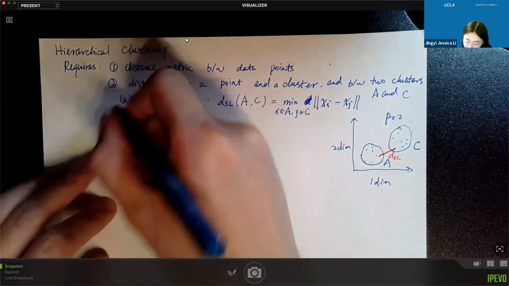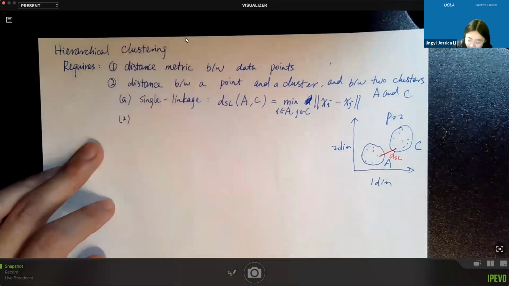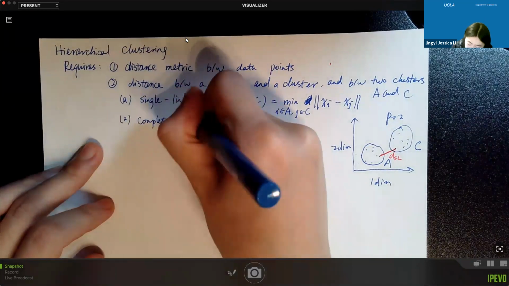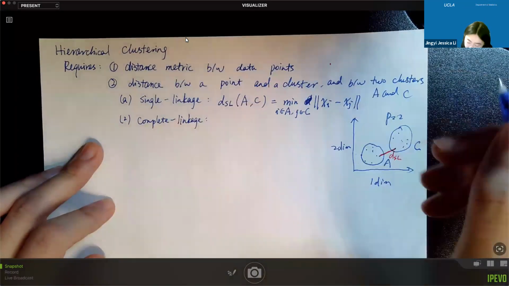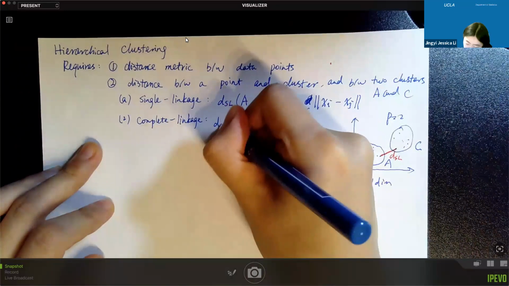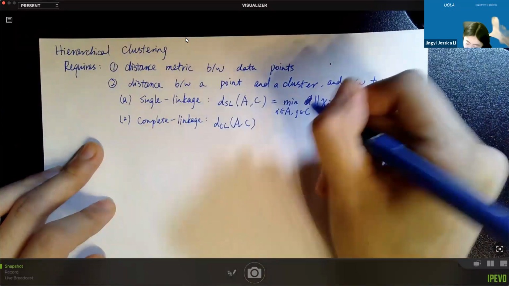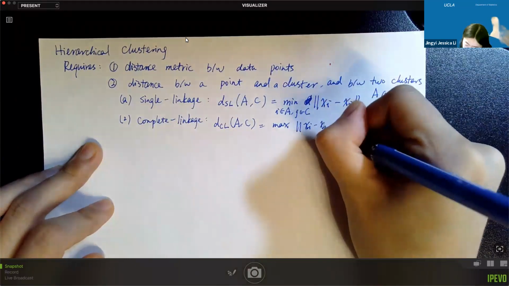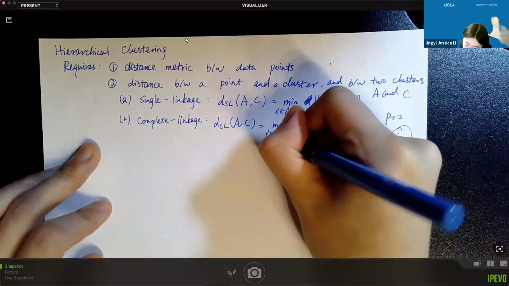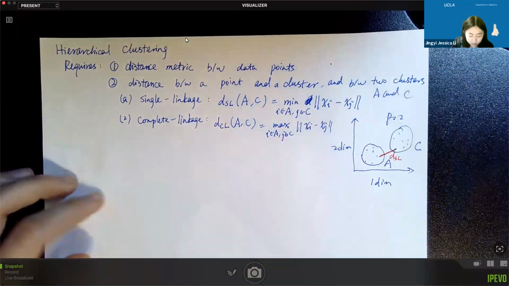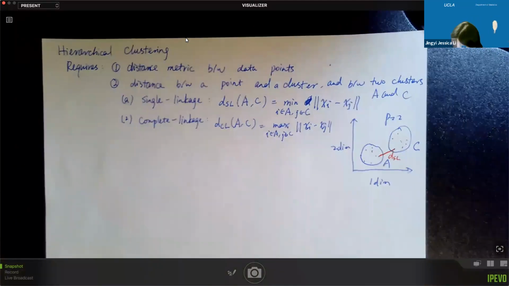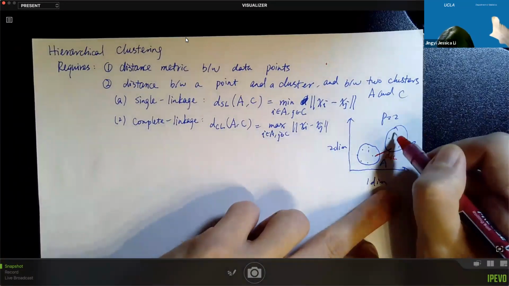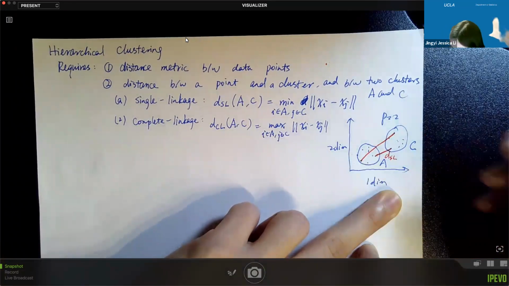In contrast, we can pick the largest one. That is called complete linkage. For complete linkage, we define it as the max over i in A, j in C. So in our plot, I'll probably pick this one, the farthest two.